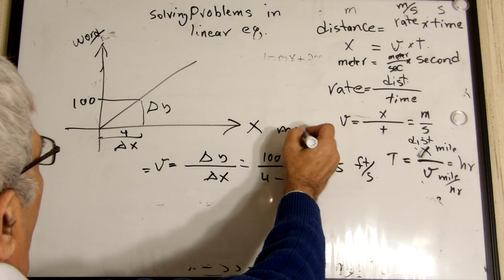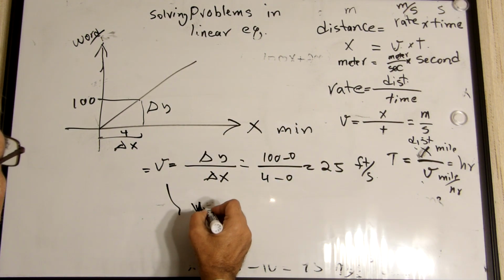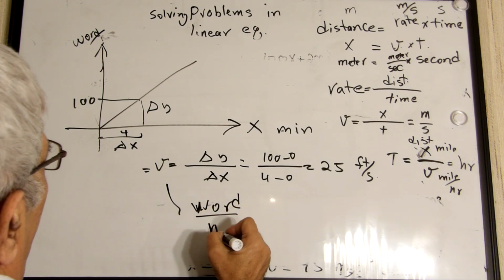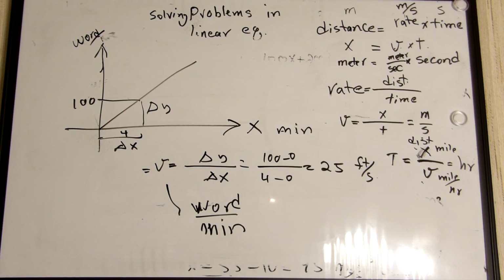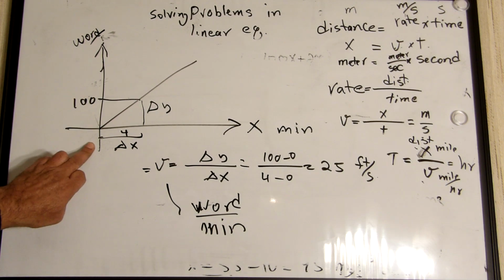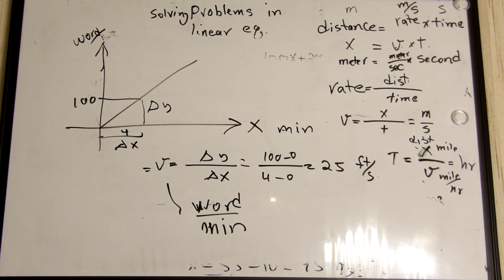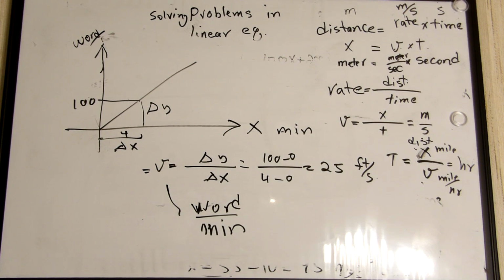And the slope is going to be words per minute. So whatever this vertical axis is, and whatever the horizontal axis is, this way we can find the slope.